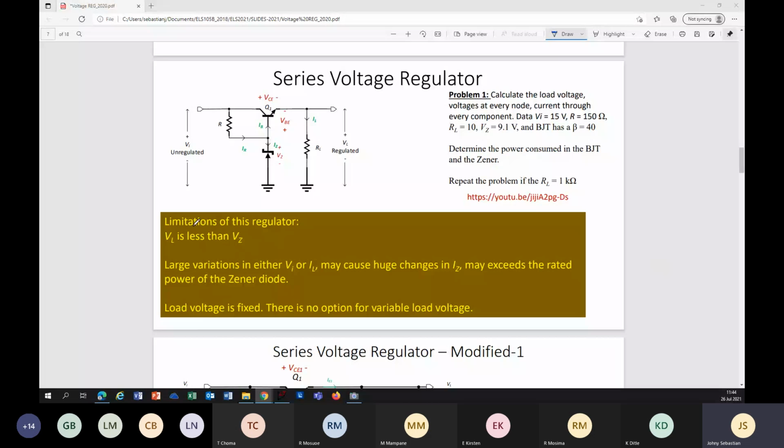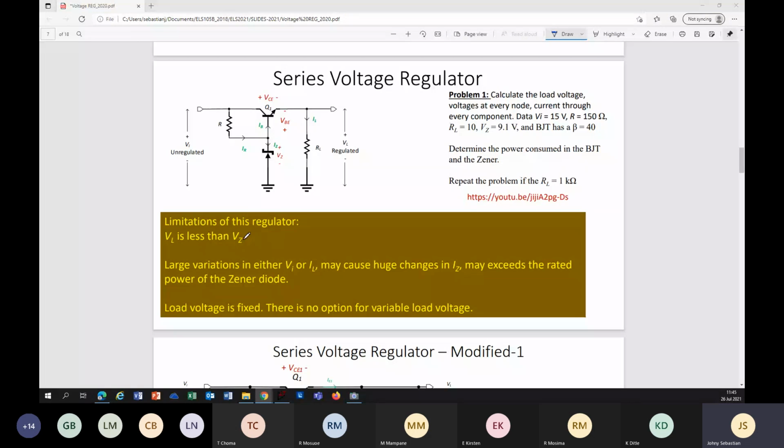Going back to the slide, limitations of this regulator. Number one, VL is less than VZ. In other words, if you need a 12 volt DC, you need to find a Zener diode with 12.7 volt. But in electronics, you won't get all ranges of components.